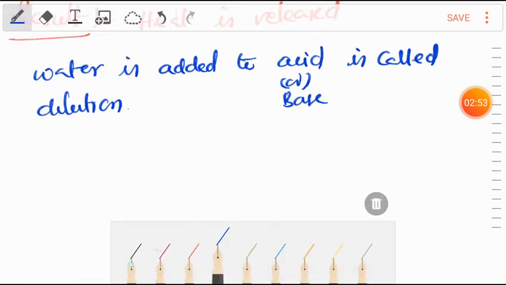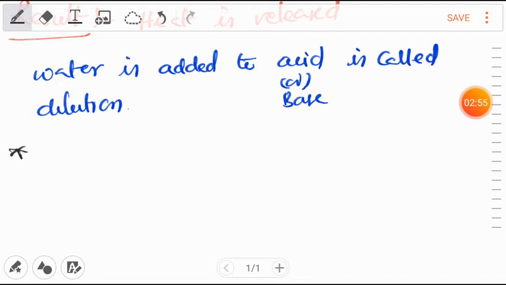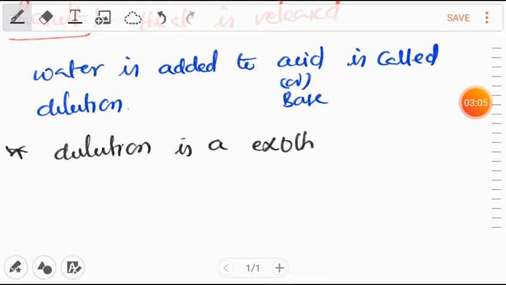So next, as per our experiment, dilution is an exothermic reaction.